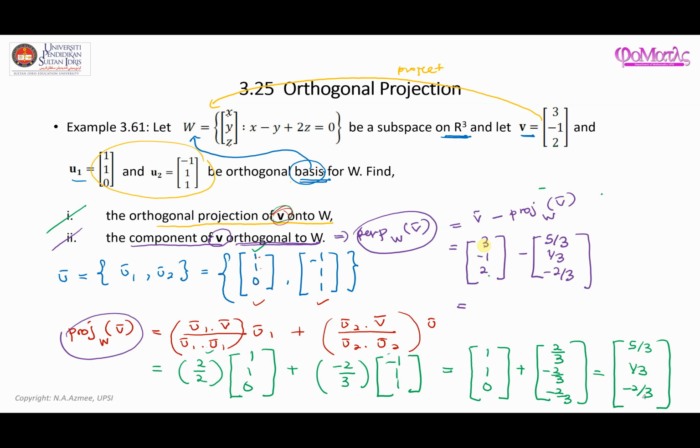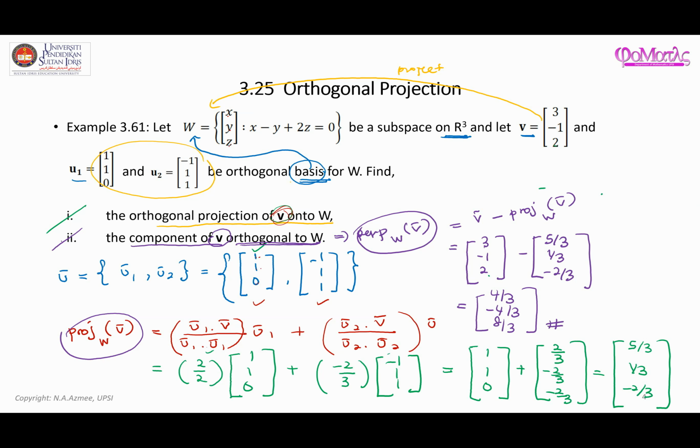So 9 minus 5 is 4 over 3, negative 3 minus 1 is negative 4 over 3, and 6 over 3 plus 2 over 3 is 8 over 3. This is the answer for question 2.